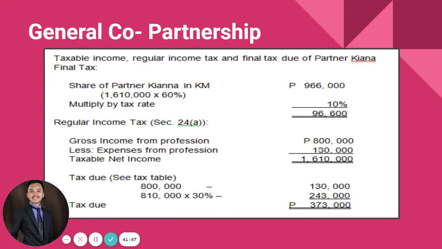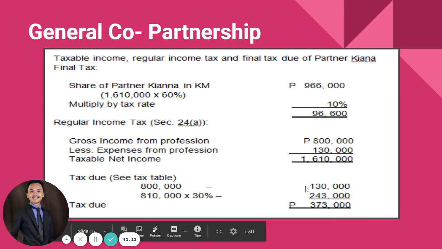So we have here 800 minus 130 in expenses, so we have 1,610,000. So assuming that Kiana opted to use the tax table in computing her tax due on her income from profession, the tax due will be on 1,610,000, which is from 800 to 2 million.